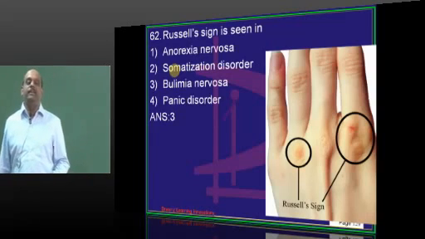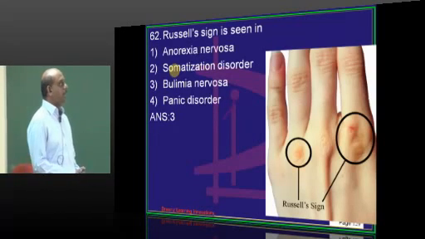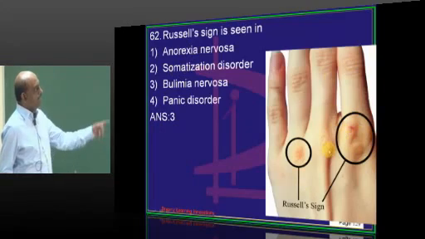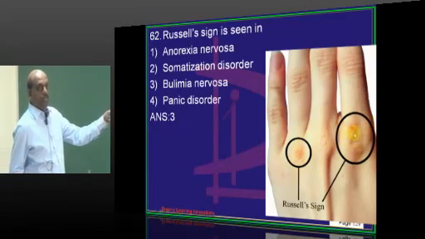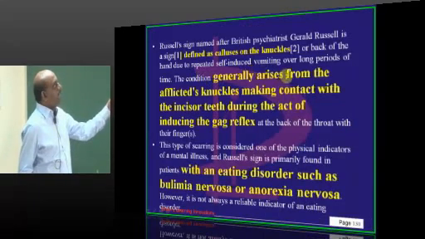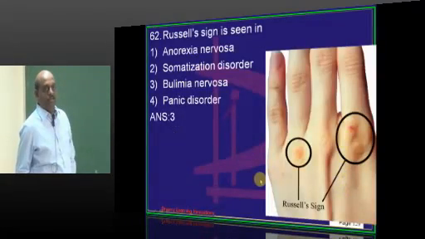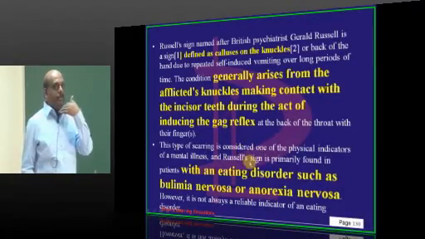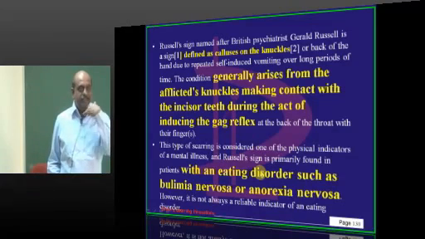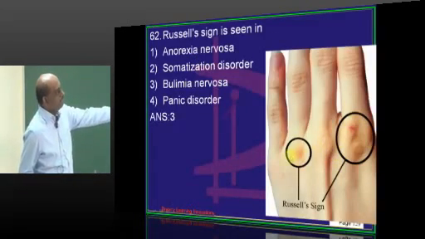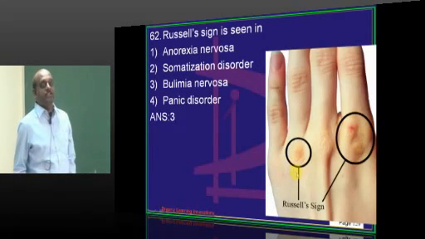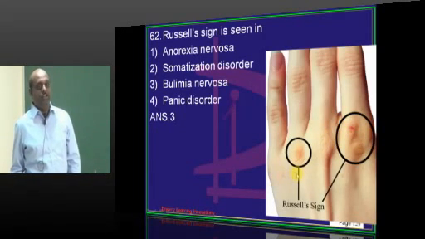Russell's sign, where do you see it? What are you able to see here? Calluses on the knuckles. If a patient has bulimia, what do they do? After eating a little they will start self-inducing vomiting. Because of that you have the calluses, right doctor?